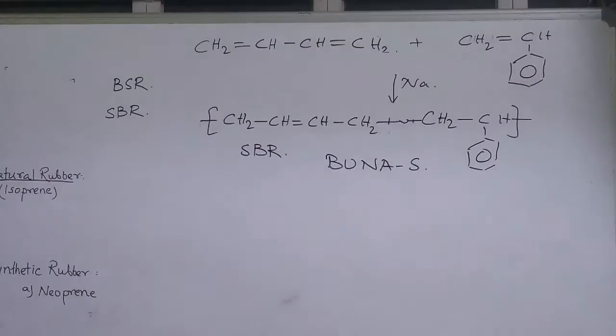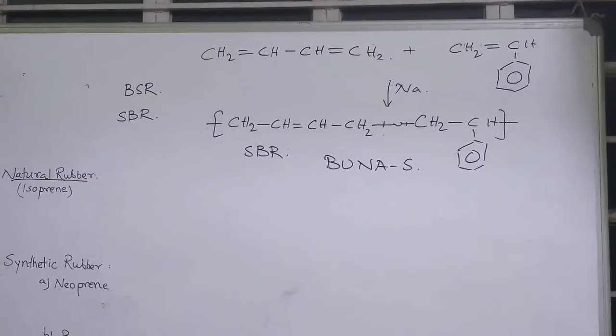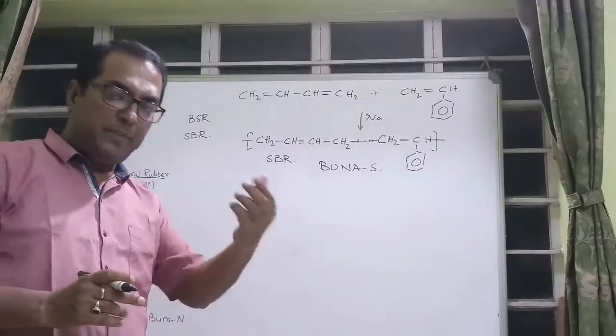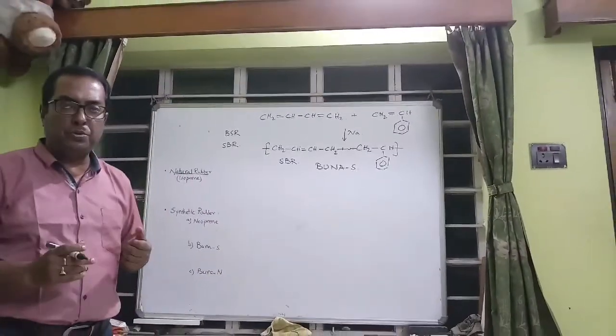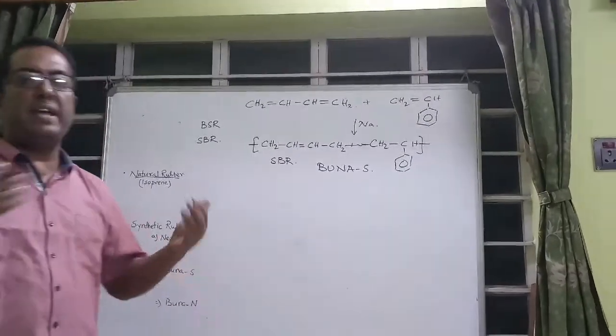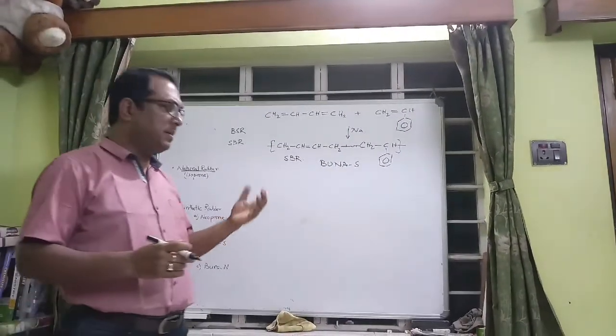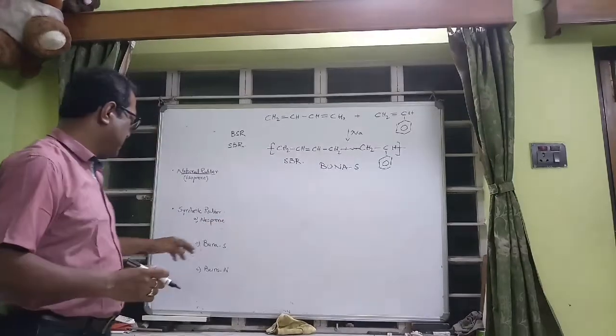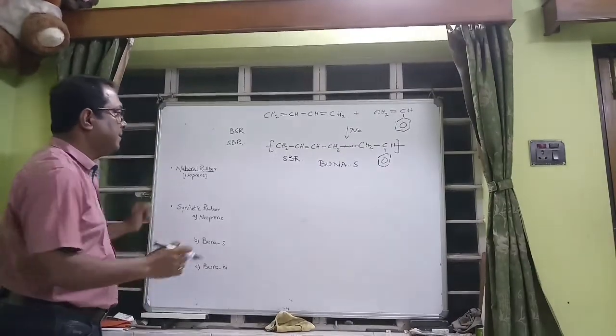And this Buna S is used more in the footwears, in making out the footwears. That means the sole of the shoes or chappals, whatever you have. It is also used in making the tires, nylon grip tires. And here you see Buna N, the same thing.